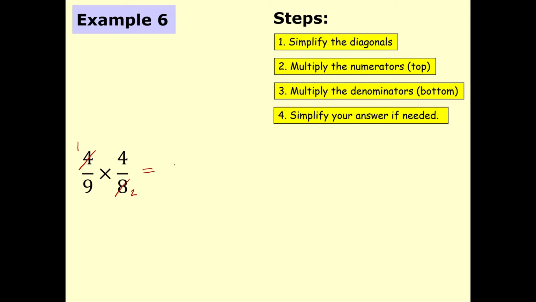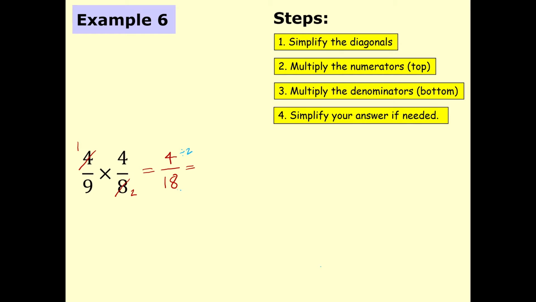Let's go ahead on to step 2, multiply our numerators. 1 times 4 is 4. 9 times 2 is 18. So then we do need to simplify because 4 and 18 are both in the 2 times table, so we're going to divide them both by 2.